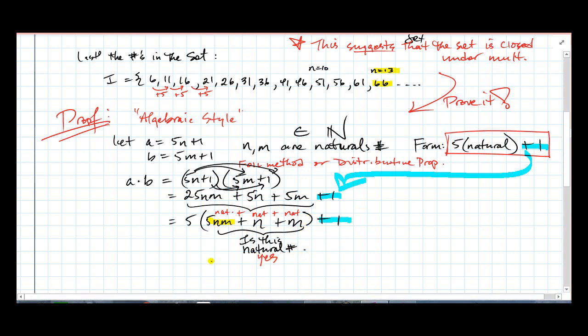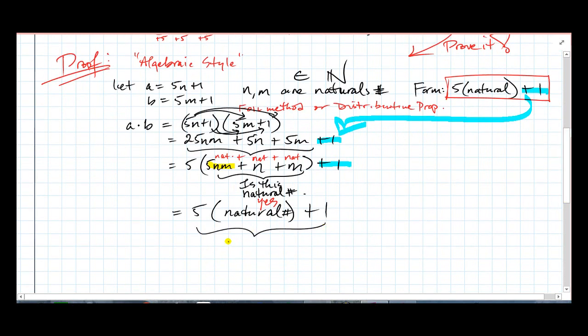So this whole quantity, 5n plus 5nm plus n plus m, is natural. So this is 5 times the natural plus 1, natural number plus 1, all right, and therefore it's in the same form. Okay, this is the form of every number in the set.